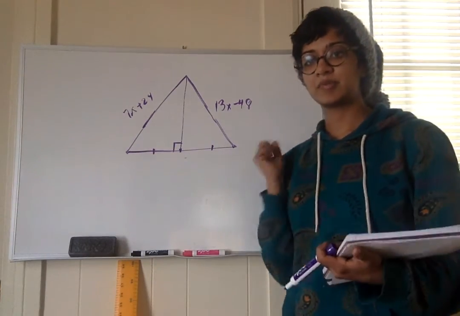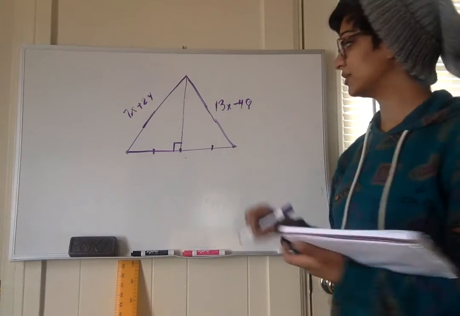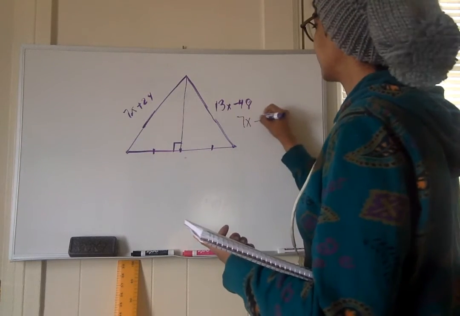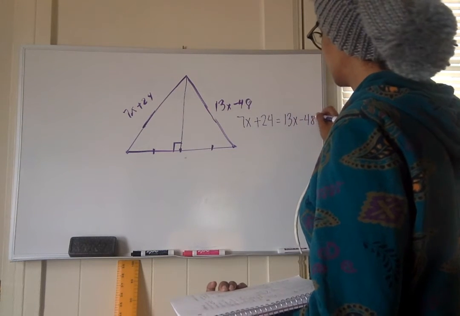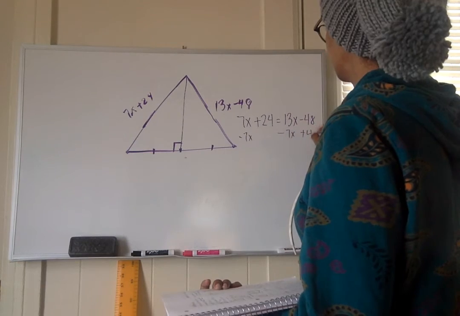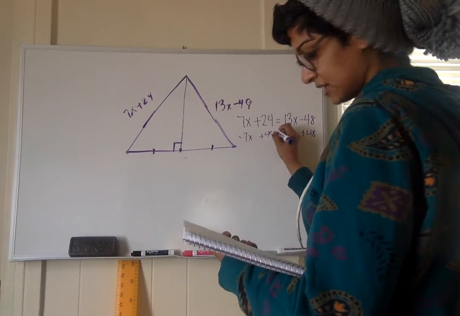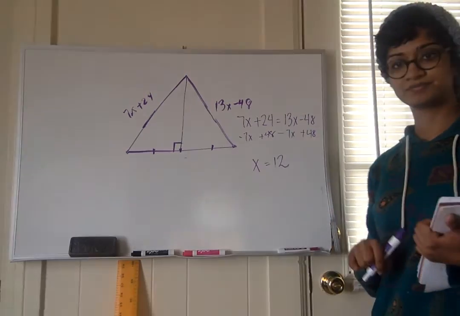Well, I see that it's a perpendicular bisector, so I know that these sides are going to be equal. I'll set them equal to each other. 7x plus 24 equals 13x minus 48. Minus 7x plus 48. And doing all the calculations, I get x equals 12.